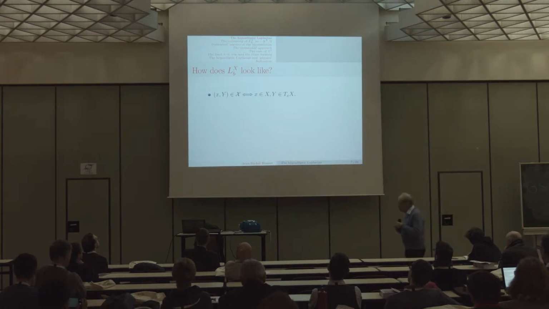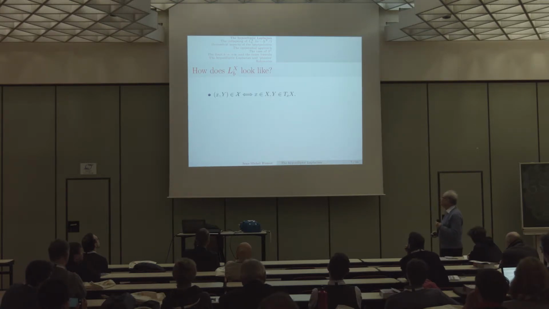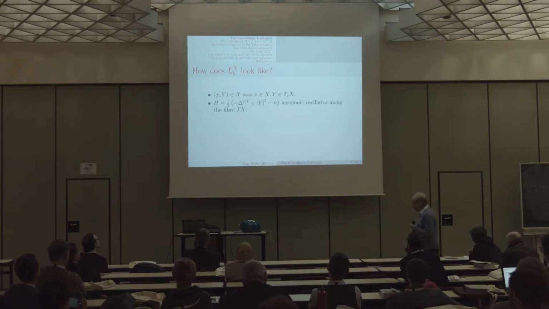So again, I take the manifold X with the total space X script of the tangent bundle. So the generic point of this manifold X script is (x, y), where x is in the base manifold and y is a vertical point. It's a generic point in the tangent bundle. So I introduce a first operator.